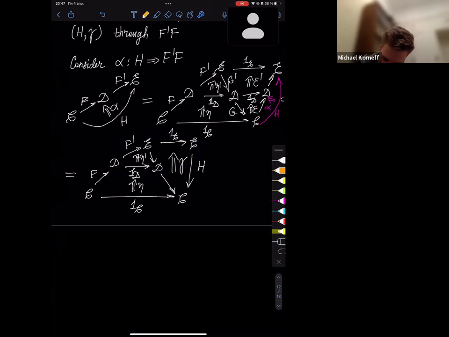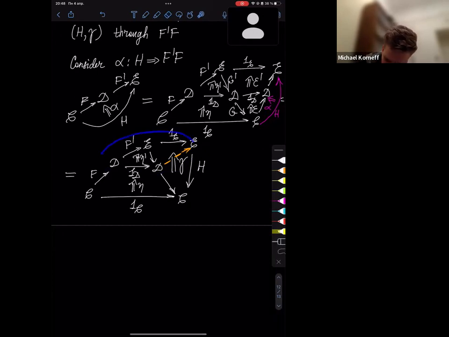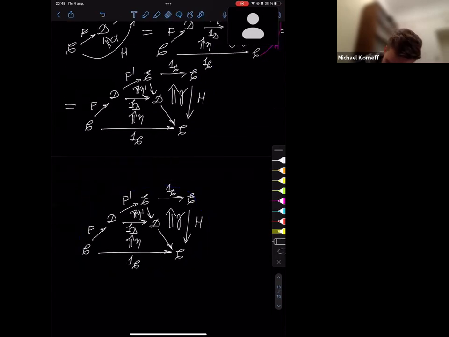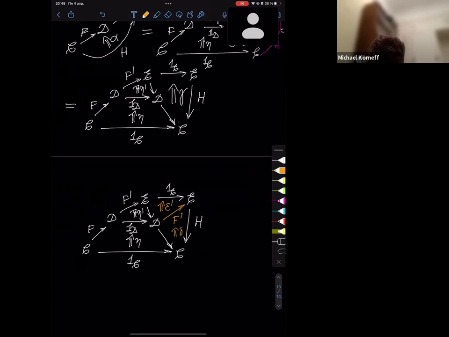We can draw the arrow, and we can reduce this quadrilateral. Oh, sorry. Reduce this quadrilateral, and now I redraw the diagram. And I draw this arrow, which is just F prime, and we will have here epsilon prime and here delta.